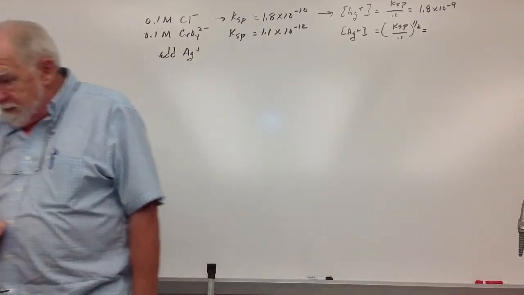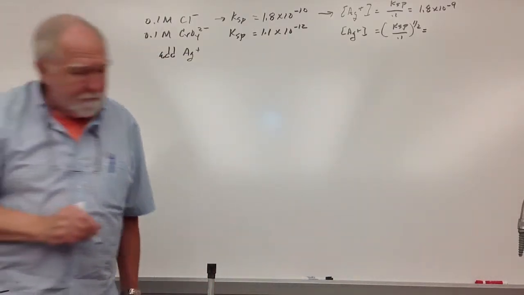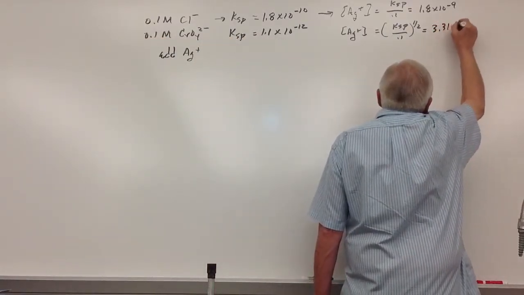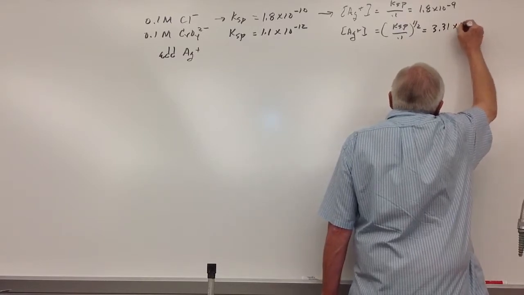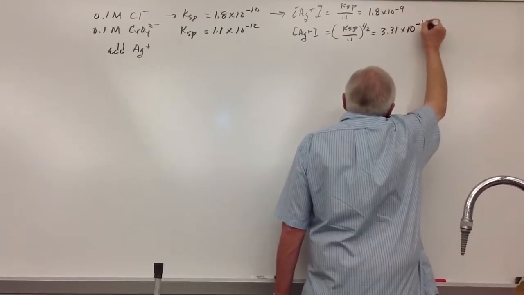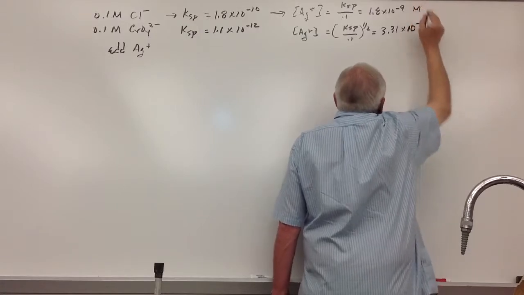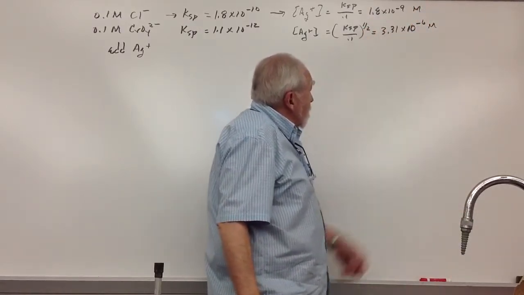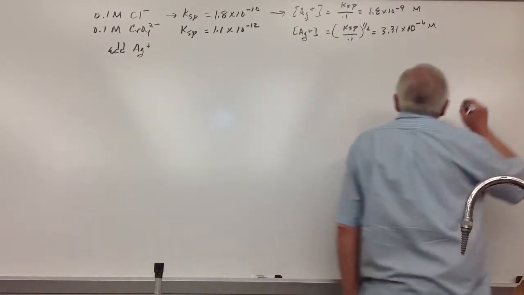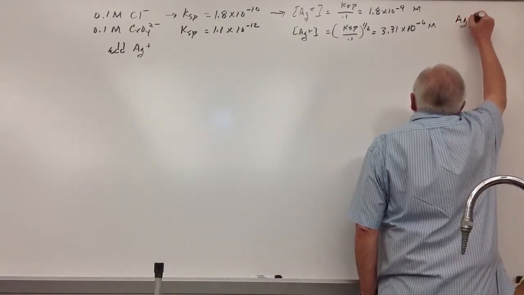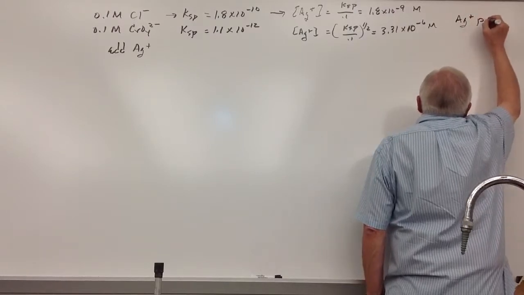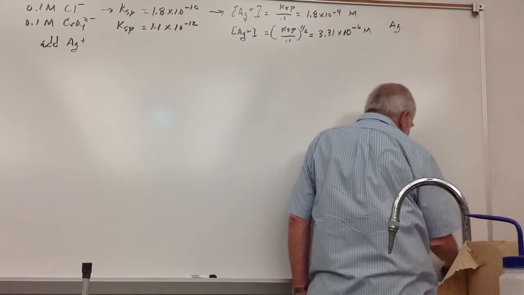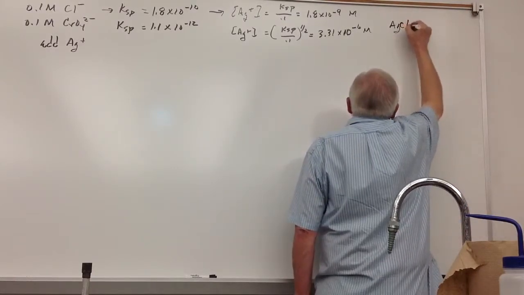And you get 3.31 times 10 to the minus 6. Well, all these are molar, of course. So this is a much higher silver ion concentration than this, so the conclusion is silver chloride precipitates first.